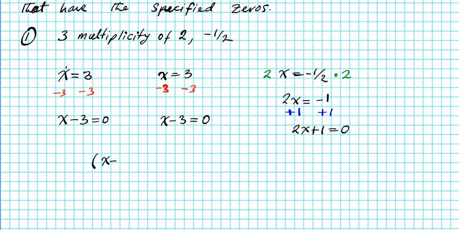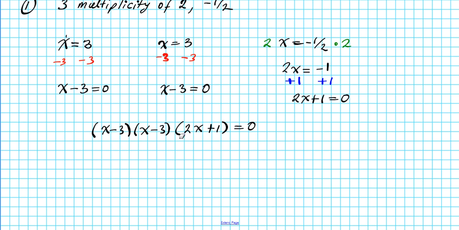Okay, so we have (x - 3) times (x - 3) times (2x + 1) equal 0. All right, now we'll proceed to expand this. If we take a look at the first two zeros, when you multiply multiple factors, you want to do it 2 at a time from left to right.